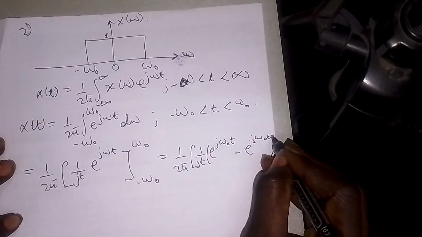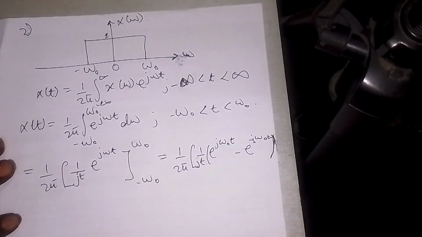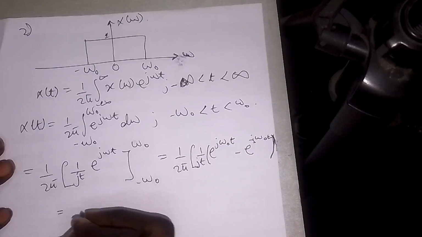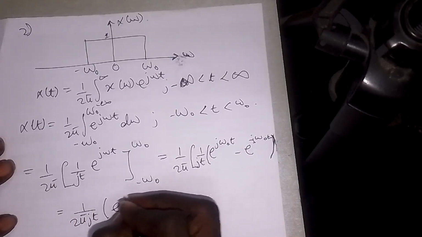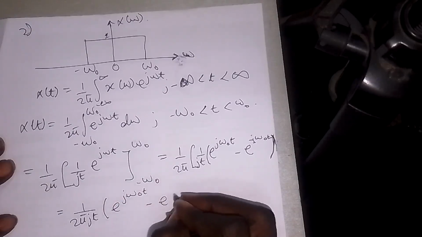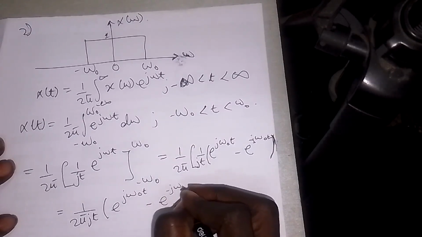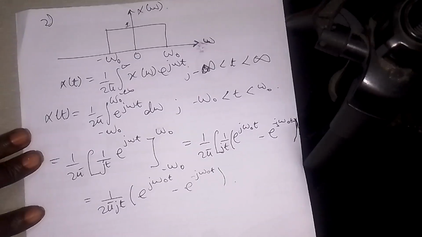Okay, so this is what I'm going to get. If I have this one, then everything is almost settled. So now I have 1 over 2 pi jt into e^(j omega naught t) minus e^(minus j omega naught t).